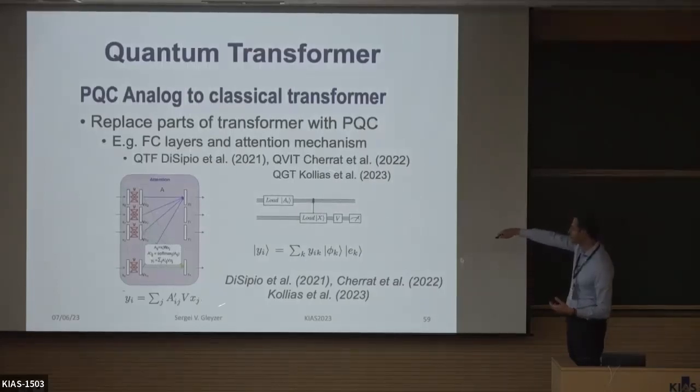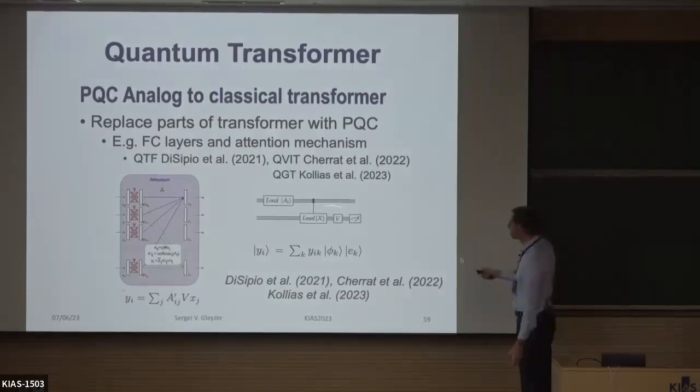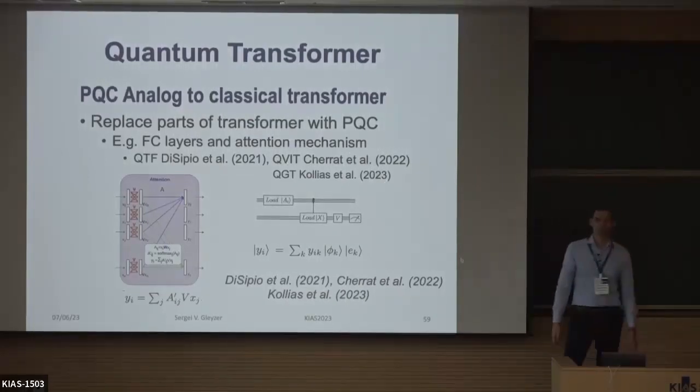In the classical sense, there's this matrix of attention weights that you learn, so you're learning W and V, and you can represent this problem also with a quantum circuit, which requires you to do some data loading and some other stuff. You can read more details in this particular paper by Shirat et al., a recent paper on a quantum vision transformer.